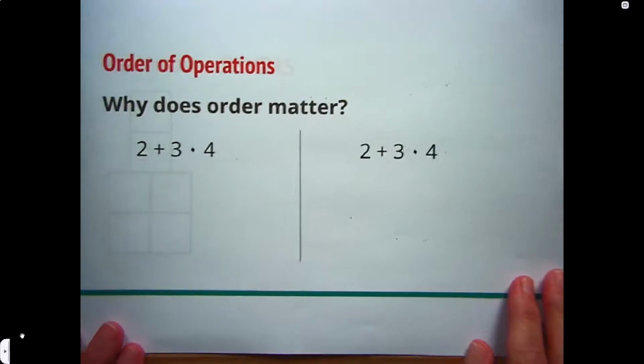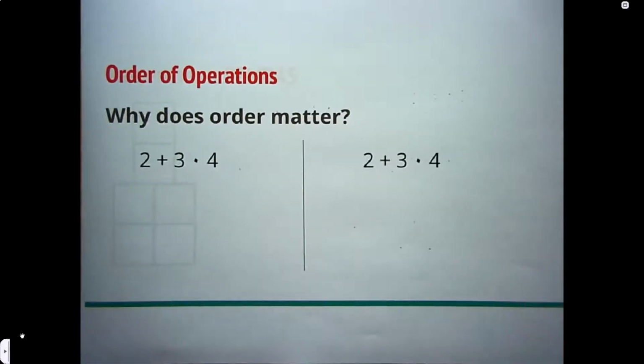Now, order of operations. Why does order matter? You know, there are a lot of things that we do in life where order doesn't matter. When I sit down to eat dinner, it doesn't matter what order I choose to eat the foods that are on my plate. If I sit down to listen to music, it doesn't really matter which song I listen to first. But there are plenty of things that we do in life where the order does matter.